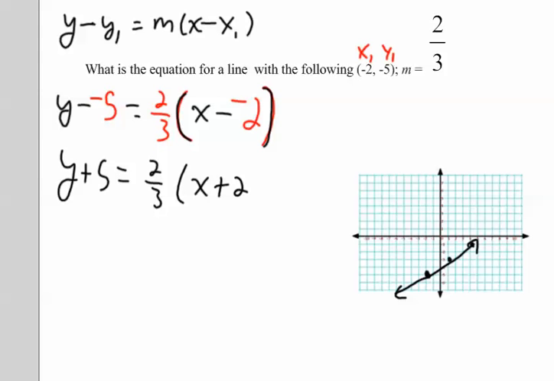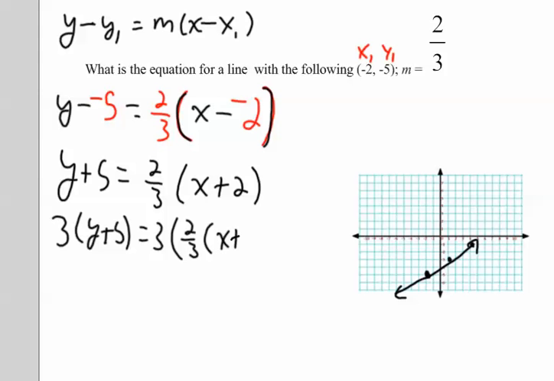If I'm trying to find the equation, I technically could leave it like this, but I want to make it a little prettier. So I'm going to multiply everything by 3, because that's my common denominator. Then I have 3 times y plus 5 equals 2 times x plus 2.